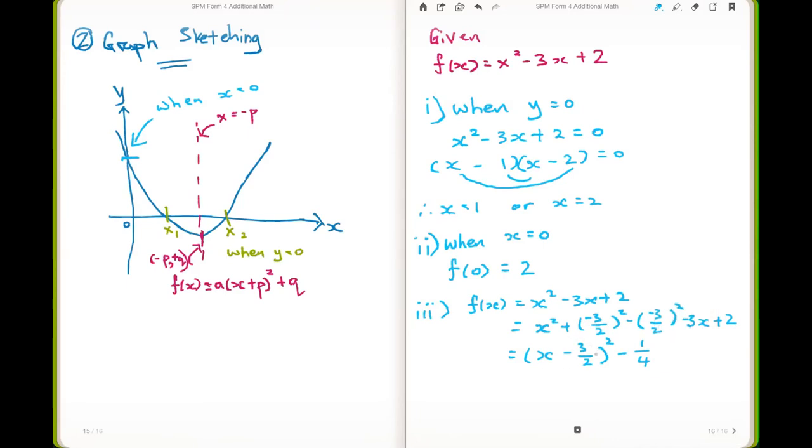You expand this part, you get back your minus 3, that's why you get the equation. From there, you will find that a is greater than 0, therefore it opens upward, going up, and it is a minimum point.